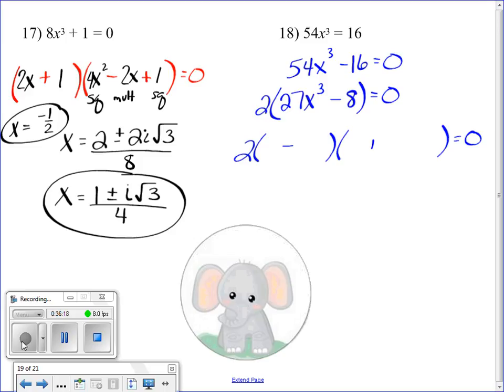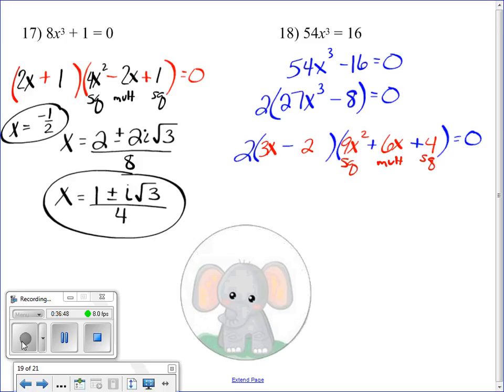Same, opposite, always positive. Cube root of 27 gives me 3x. Cube root of 8 is 2. Then we square, multiply, square. What is 3x squared? 9x squared. Multiply 3x times 2. And 2 squared.